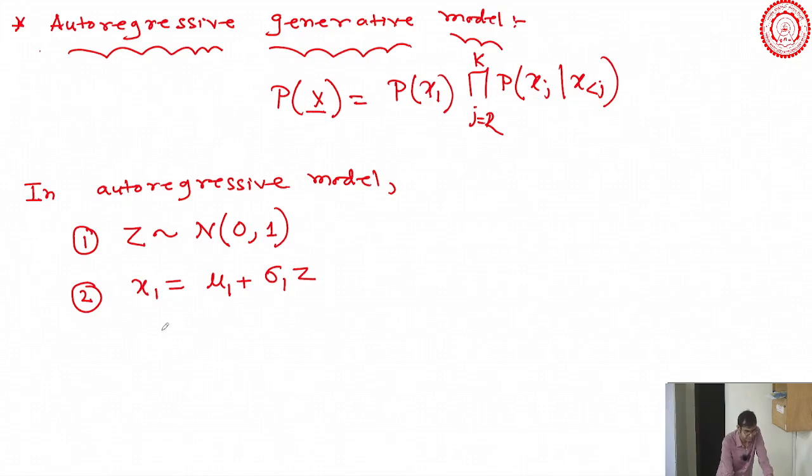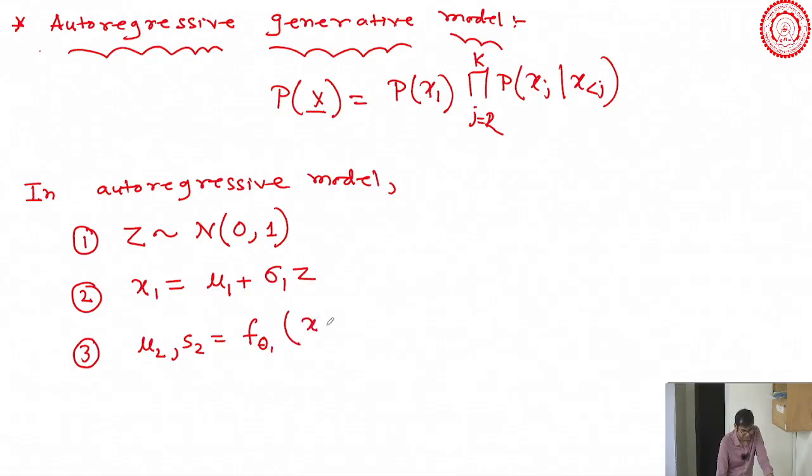Third step, I find out mu2 comma s2 by passing it through some neural network, and what will I pass? I will pass x1, right? Correct?